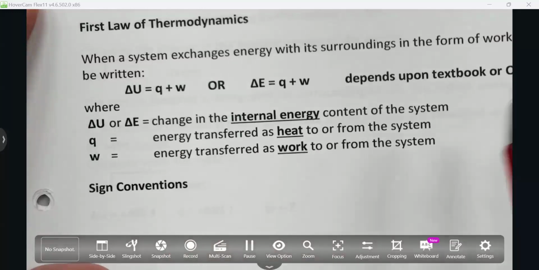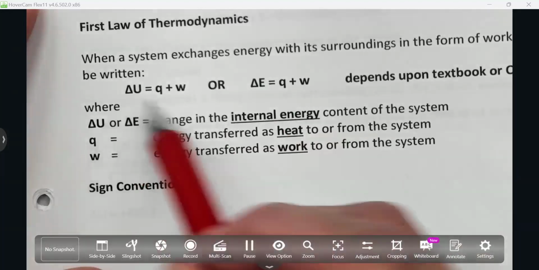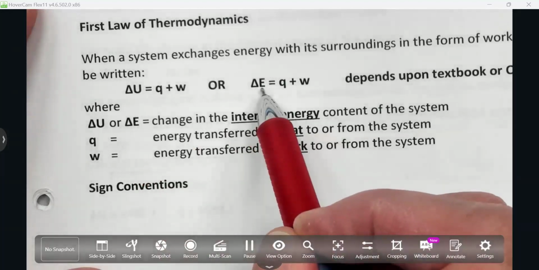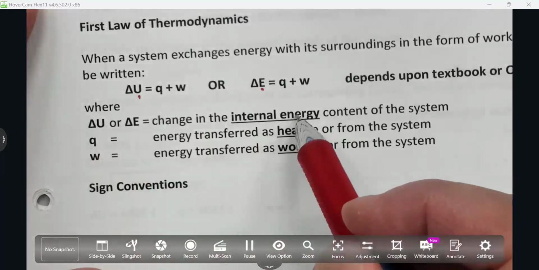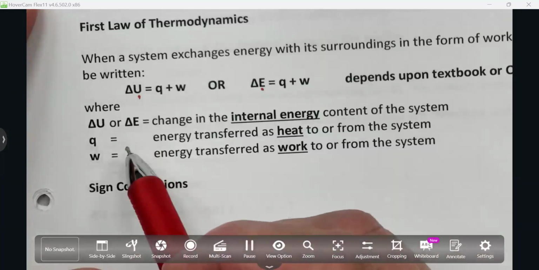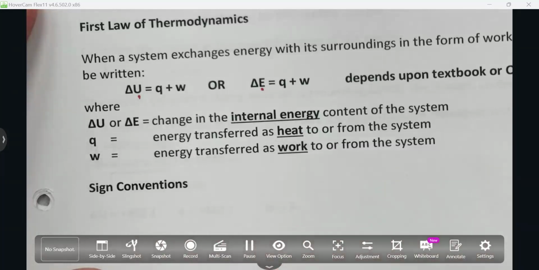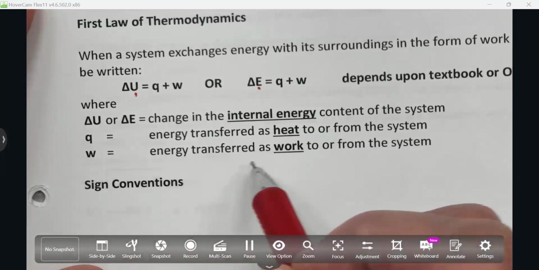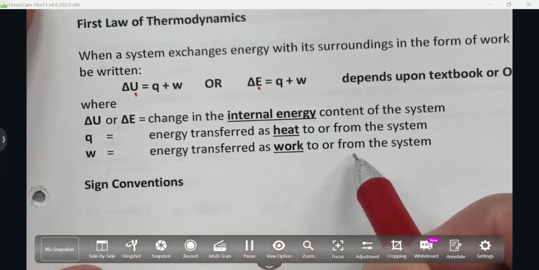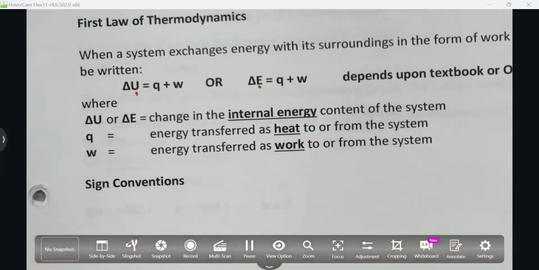Depends upon your book. My change in energy is my E here or my U here, change by triangle, internal energy. And Q is the energy transferred as heat energy to or from the system. And W is the work transferred to or from the system. So we have to talk heat energy and we have to talk work.